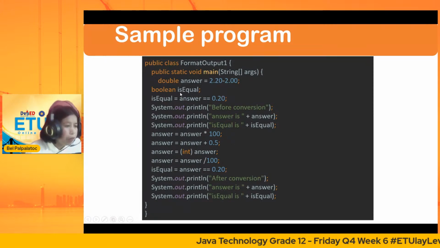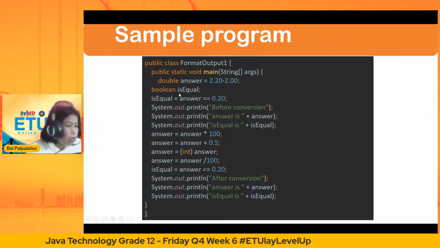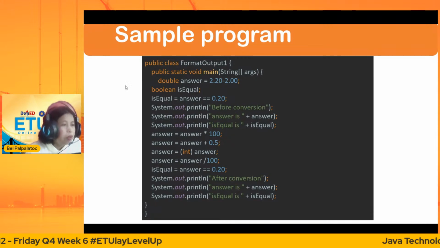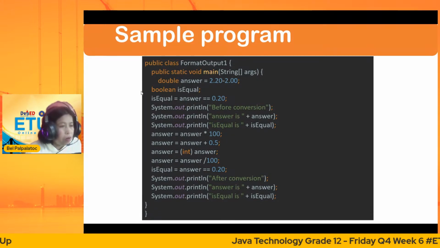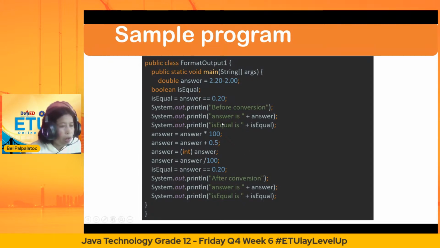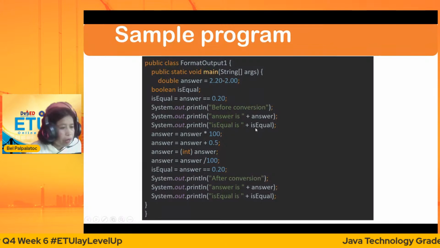Then we have another variable which is true or false, so boolean, named isEqual, which is equal to answer equals 0.20. How are we going to print that before the conversion? The variable answer and then the variable isEqual.